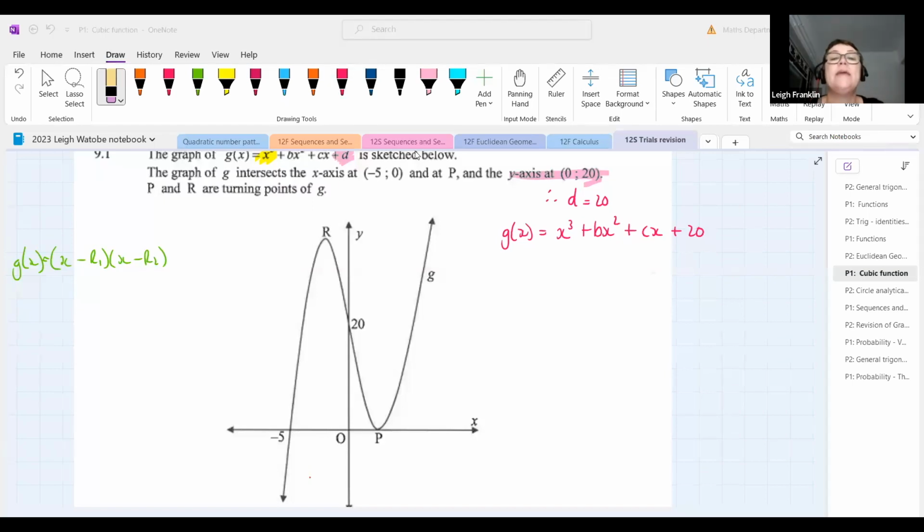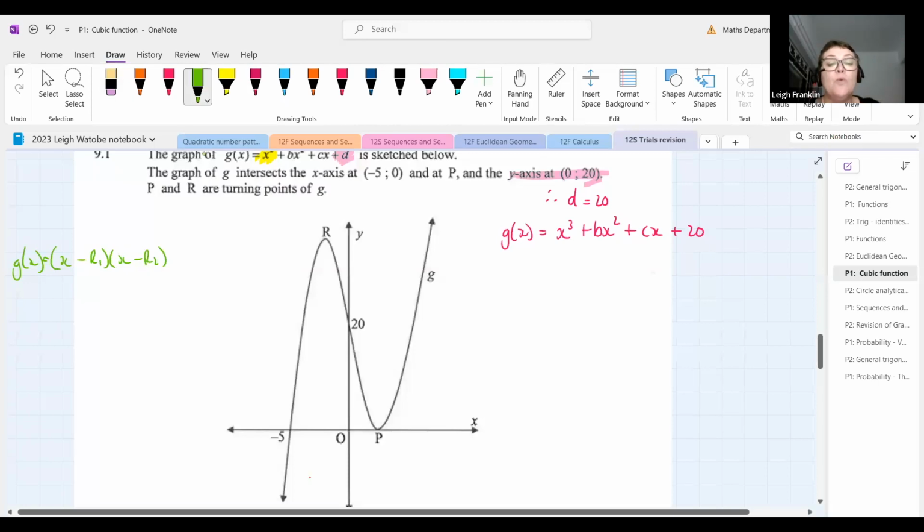We square, exactly. So the x-intercept that's also a turning point ends up with a square on it. Quite right.